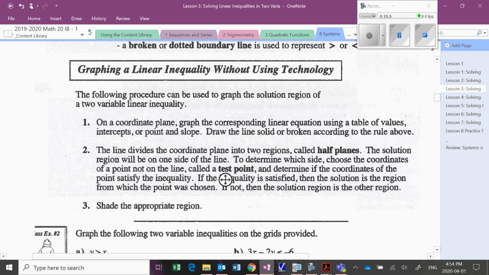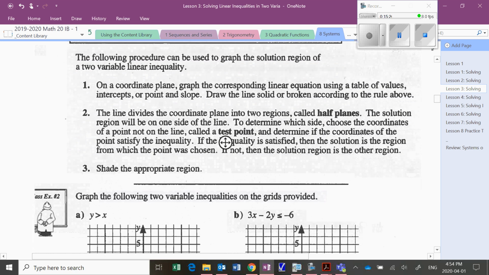So without using technology, the easiest way to do this is to graph the corresponding linear equation. You could use a table of values, you could use intercepts or point and slope, meaning rearranging it into y equals mx plus b format, and then draw the line either solid or broken depending on if it's or equal to, so does it include that?